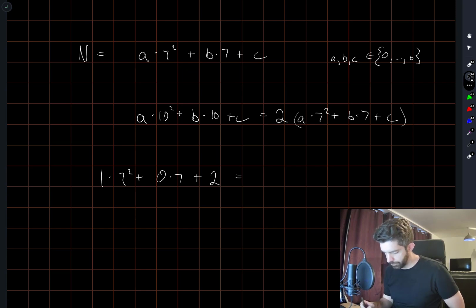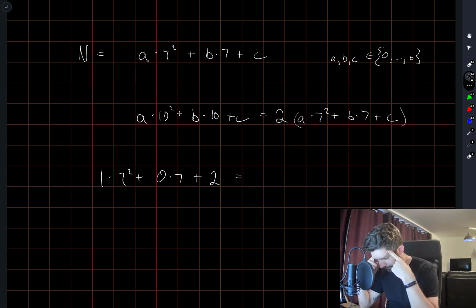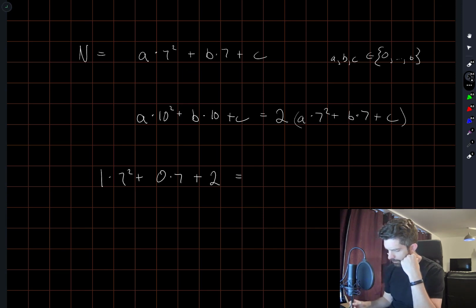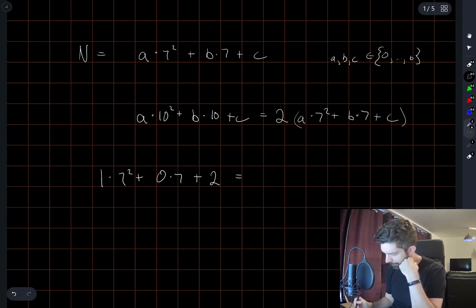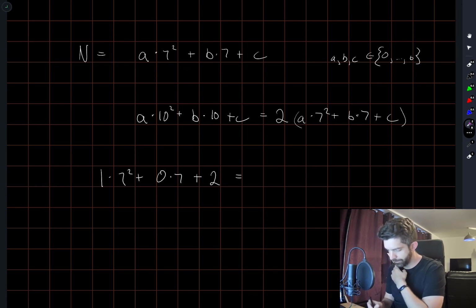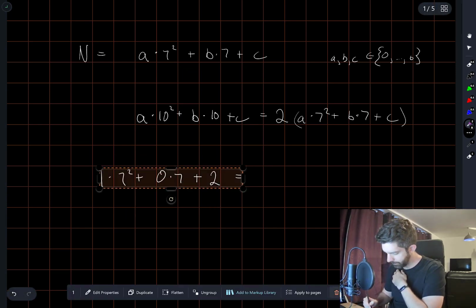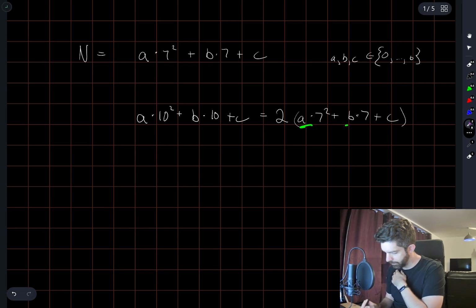This number is equal to 51, like they said. No, this is correct, this is the right relation. Because if I sub in 102 here, I get equality. 51 multiplied by 2 gives me 102.